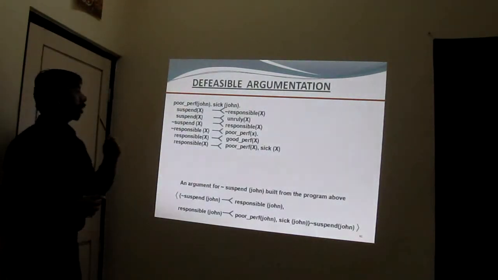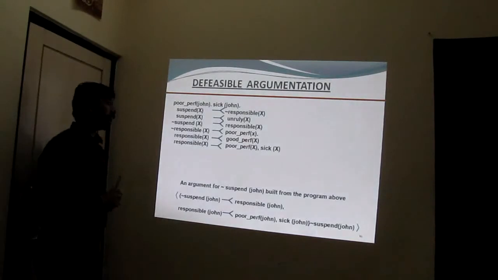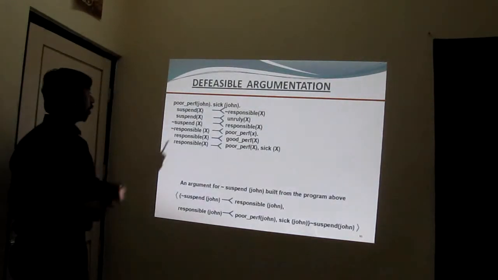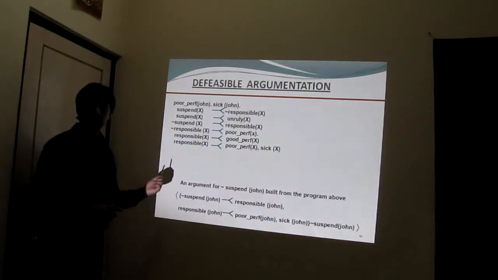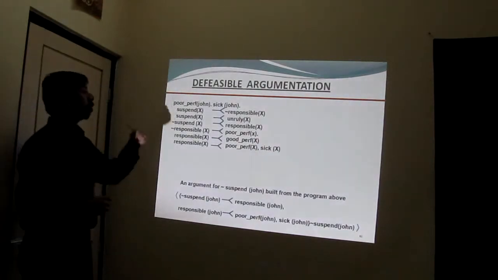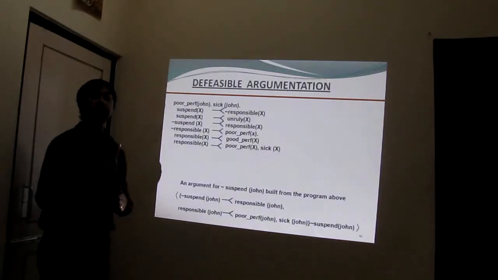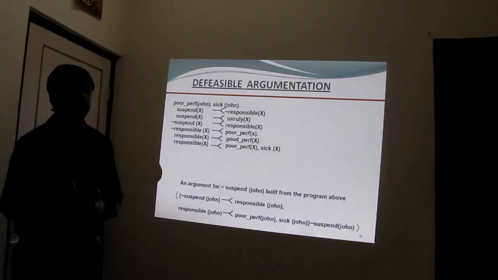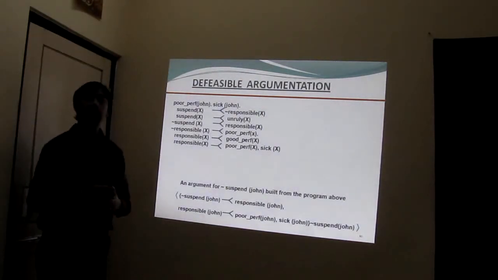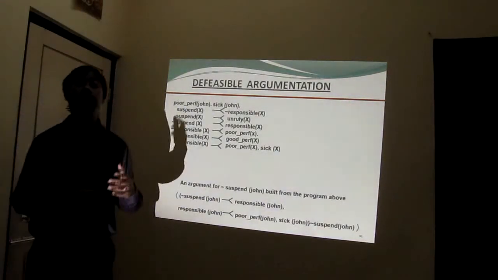If a person is responsible, then he should not be suspended. If a person is a poor performer, then he is not a responsible person. If a person is a good performer, then he is a responsible person. If a person is a good performer and he is sick, then he is a responsible person because he will always be in fear of his job.